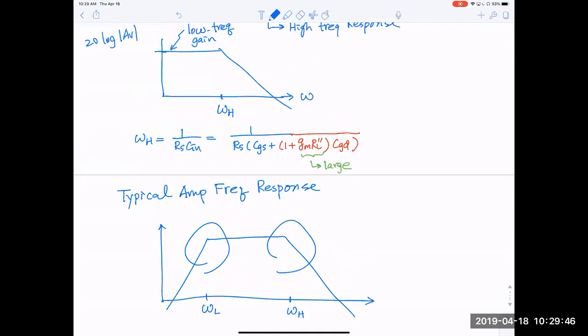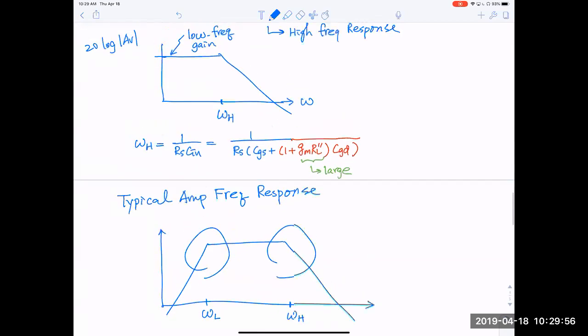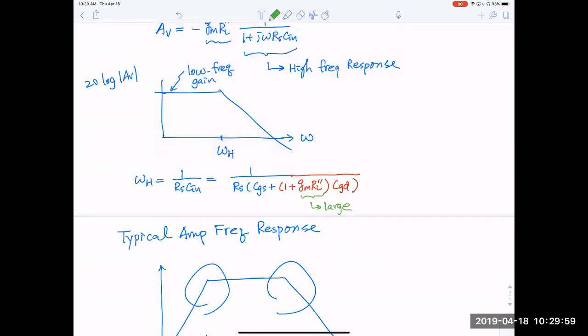So now you can build that into your intuition. Common source is a nice gain stage, but there is a gain bandwidth product. So for the CS amplifier, what is the gain bandwidth product equal to?